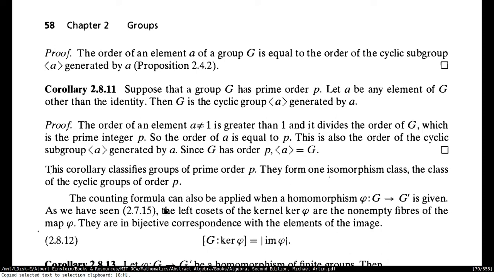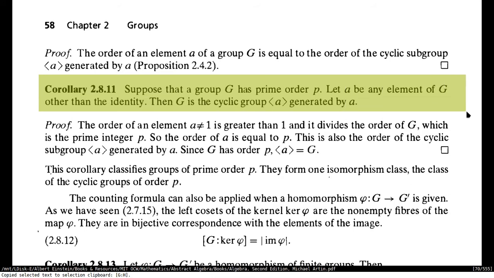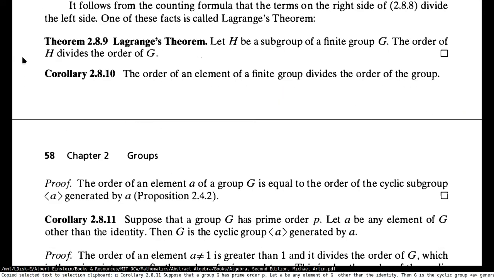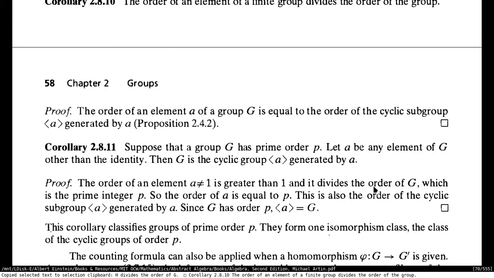The order of an element, which is distinct and non-trivial, not the identity, is greater than 1, right? And it divides the order of G, which we've seen previously from this corollary, which is the prime integer p, right?